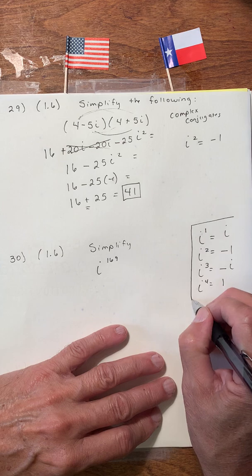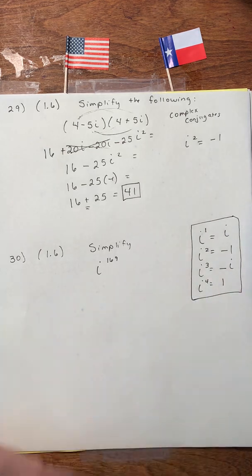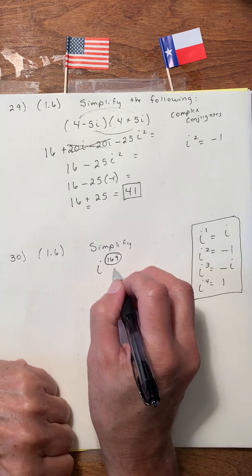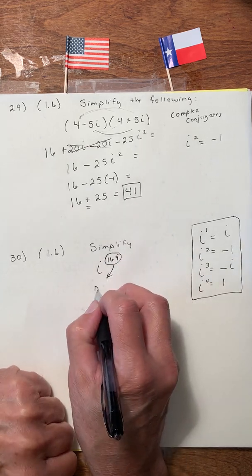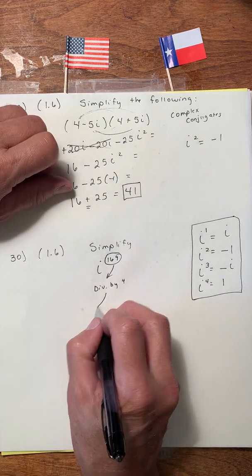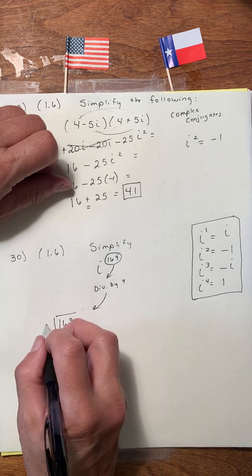These are the bits of information you're going to need to evaluate i to any power. To any power. And here's how you do it. You take the exponent and you divide it by 4. So 169 divided by 4.